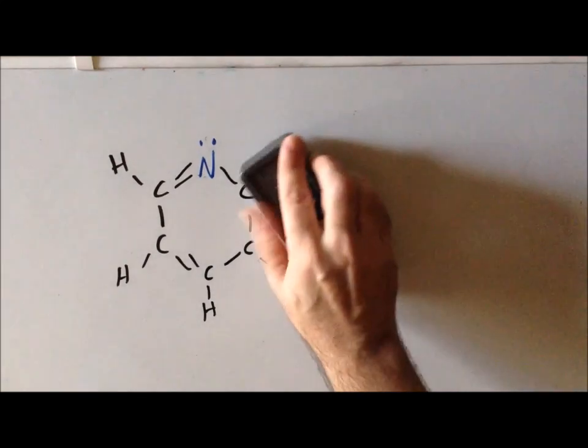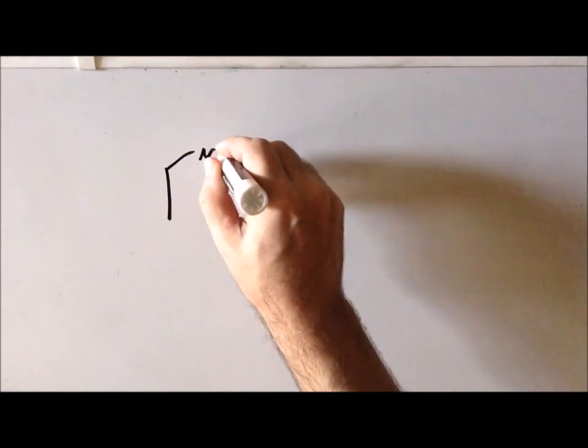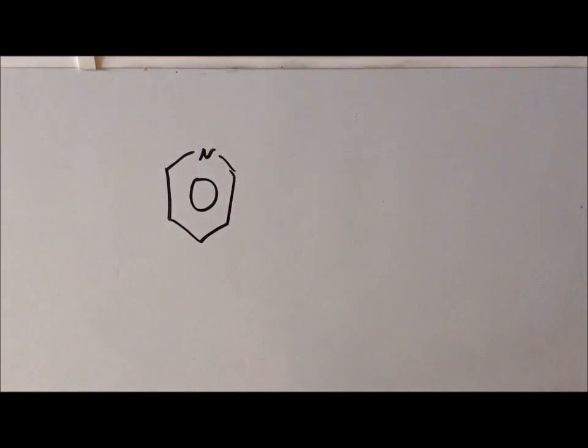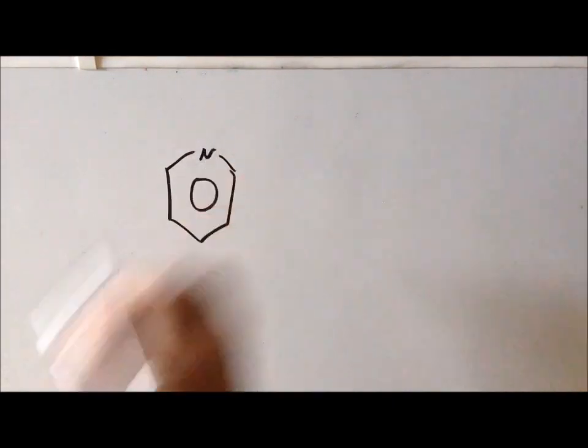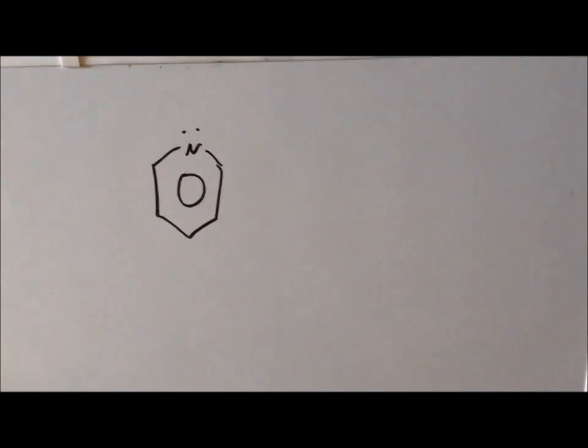Typically, in a similar manner to what we do with benzene, we write it this way. We use a shorthand. It looks very much like a benzene ring, except at the top corner we show nitrogen instead with its lone pair.